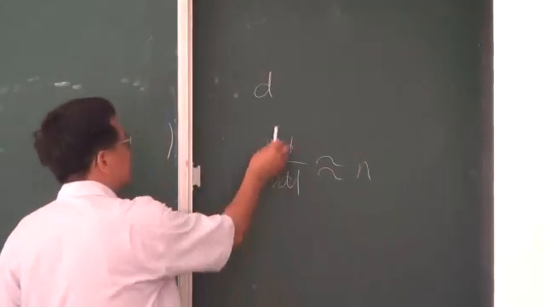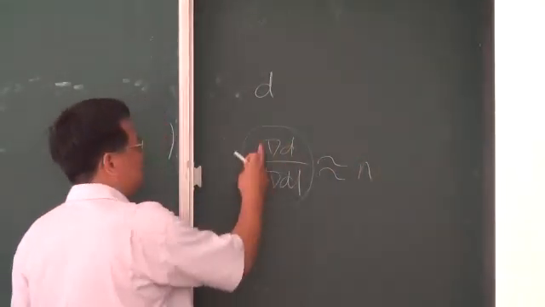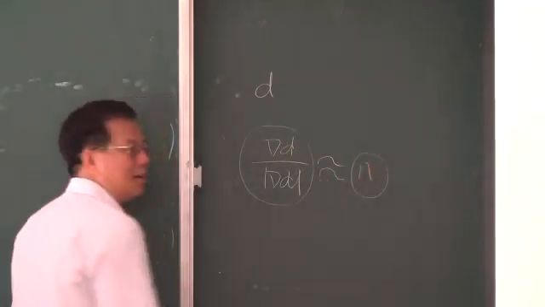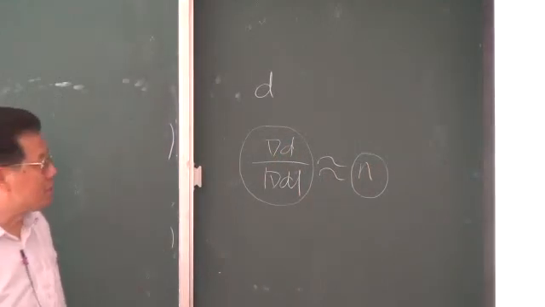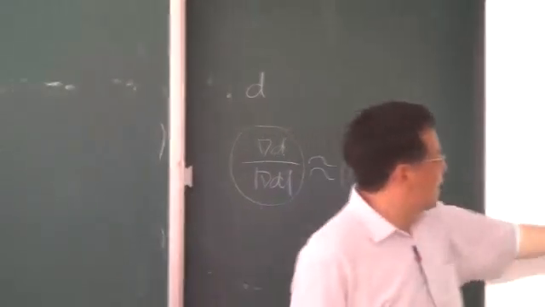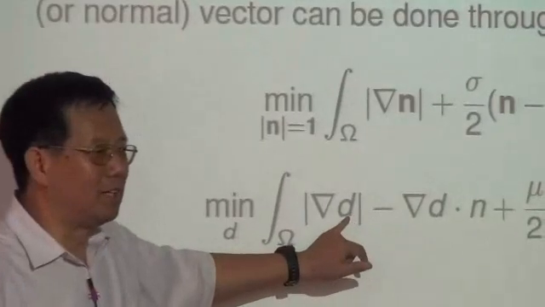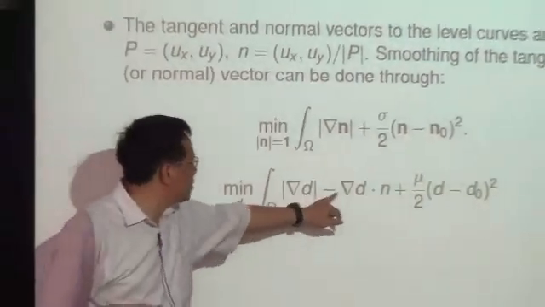You want your new image's normal to equal this one as much as possible. You can do this by least squares, but that will smear out things. So instead of least squares, there are different ways, and you can do this one.